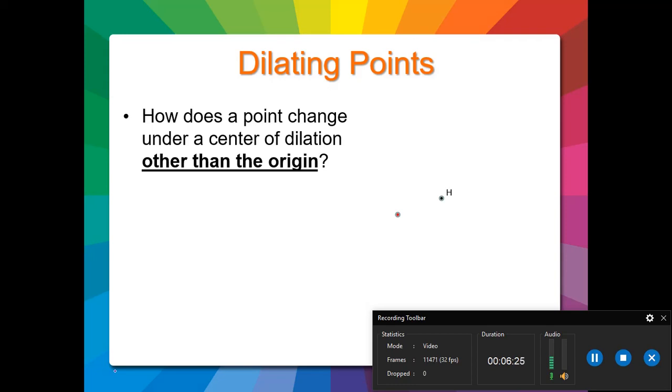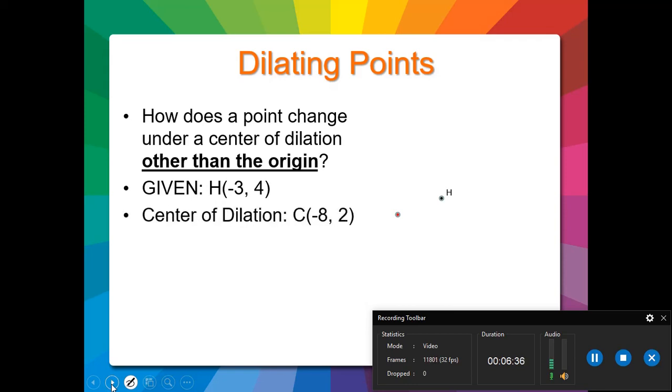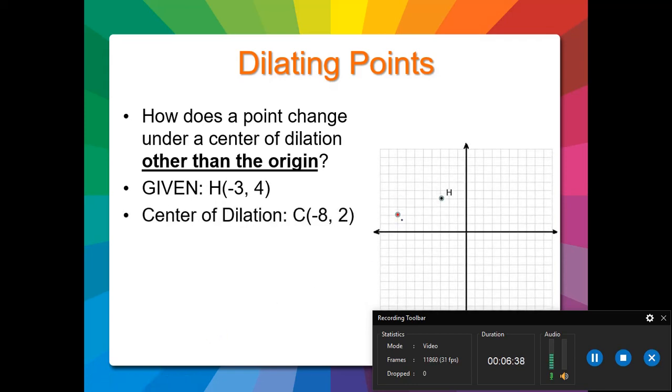Now, what if we move the center of dilation away from the origin? How will that change the location of my new image point? So we're going to use point H at -3, 4 and a center of dilation at -8, 2. I've graphed the center of dilation in red and I've labeled point H. What we can do is use the same idea of a slope pattern. So in order to get from the center of dilation to H, I would have rose 2 and then ran to the right 5.